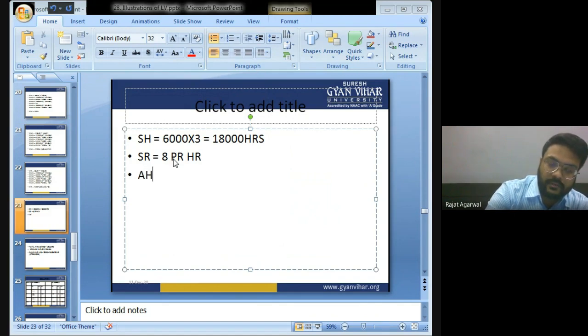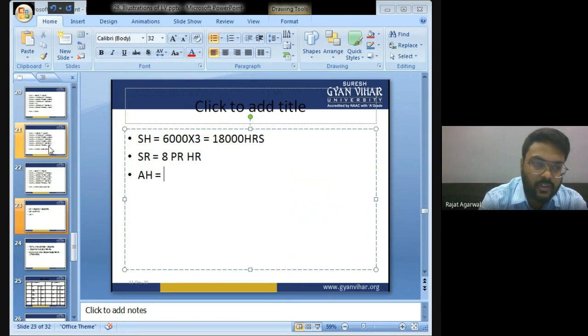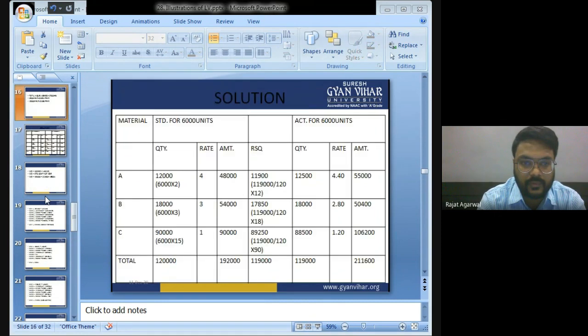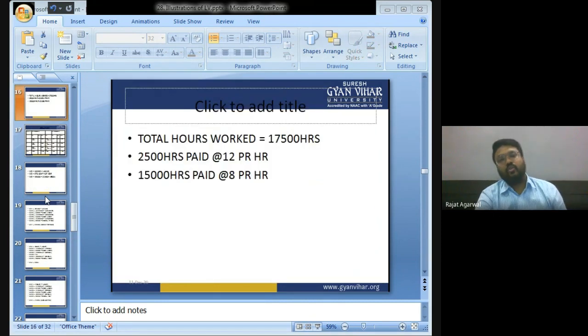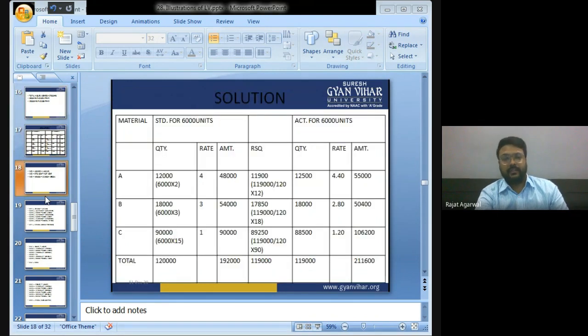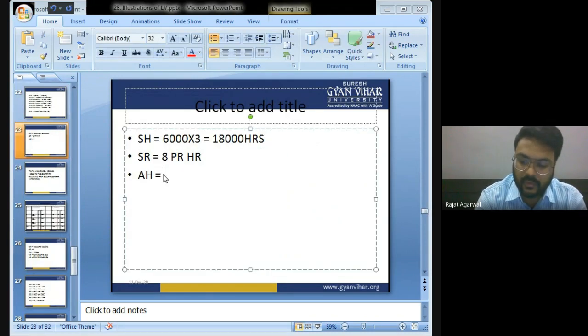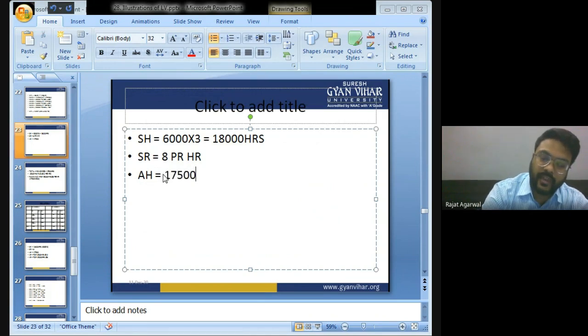Actual hour we have calculated. Actual hour is 2,500 hours at the rate 12 and 15,000 hours at the rate 8. Actual hours total 17,500.